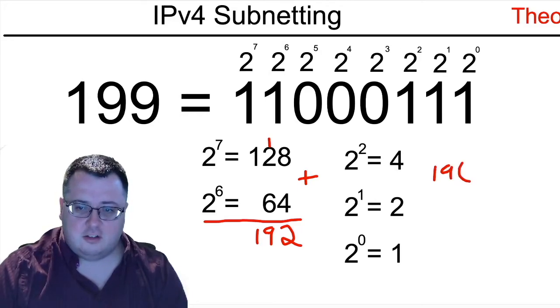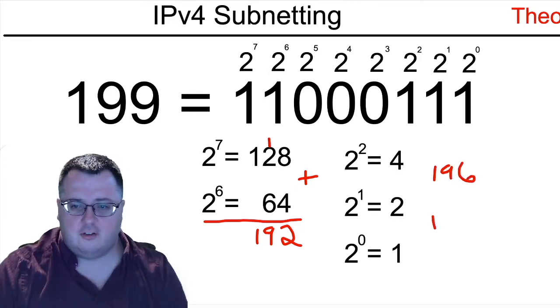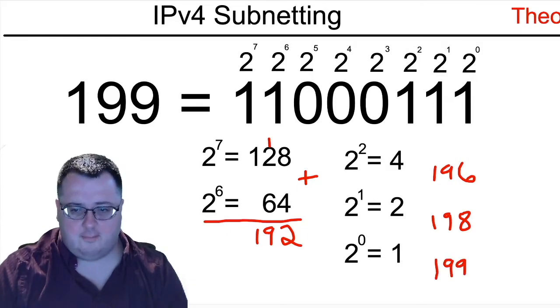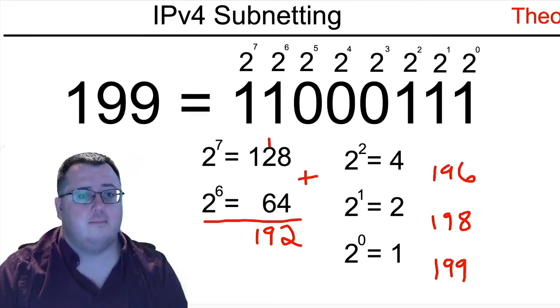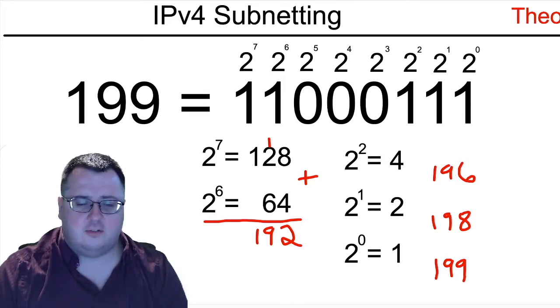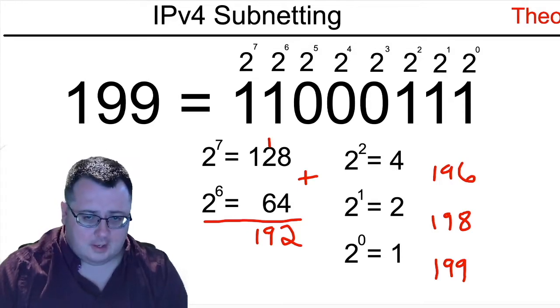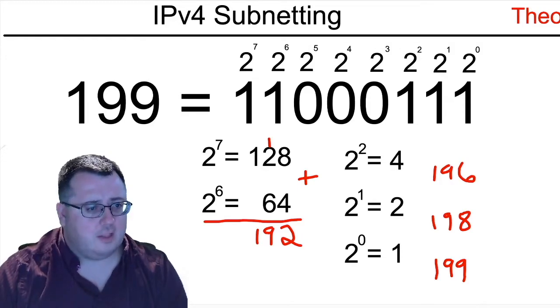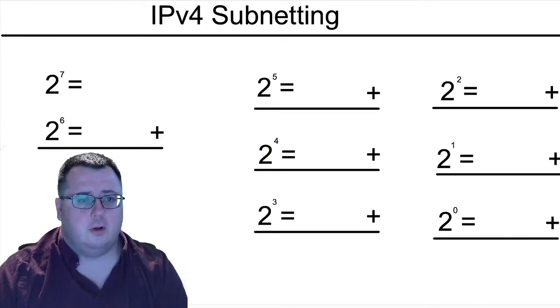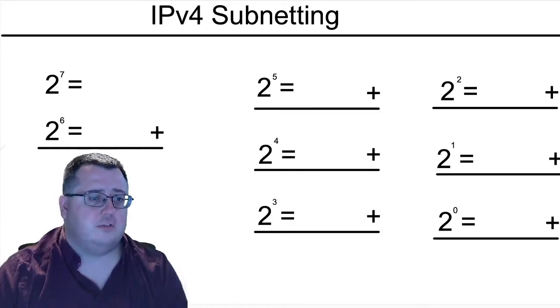If I add 2 to 196, I will get 198. And finally, if I add 1 to that, I will get the target number 199. So I've just proven that 199 can be written out in this form: 11000111. But how are you going to be able to do that? Well, that requires you to be able to add the powers of 2 together.